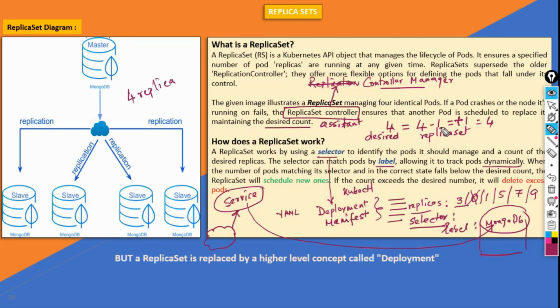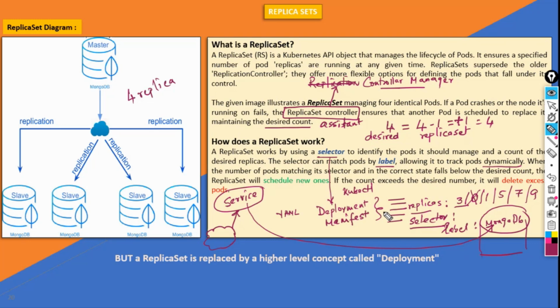As we have already discussed, whenever there is a shortfall in the count, if the replica set says 4 and at present there are 3, the kubelet will report that 1 is missing or down. Immediately this information will go to etcd through the API server, and the API server will instruct the scheduler to schedule 1 more pod of the same label MongoDB, such that this service can now access all 4, the desired replica count. Is that clear?